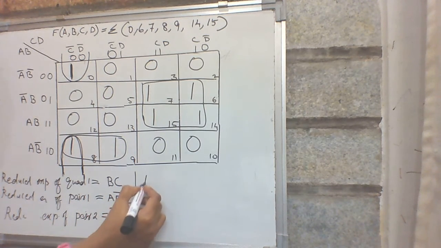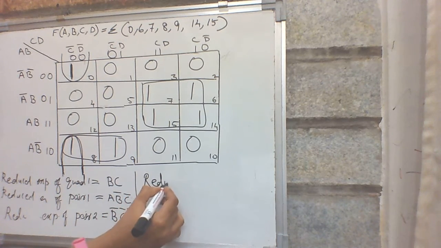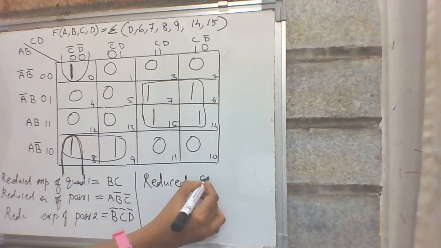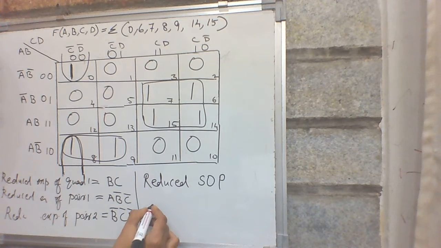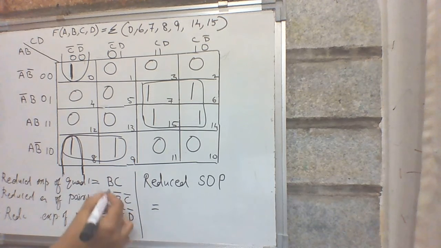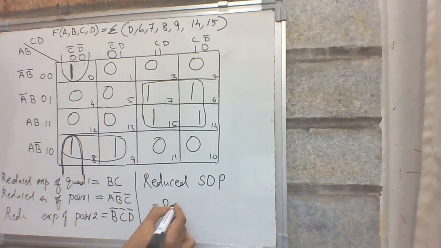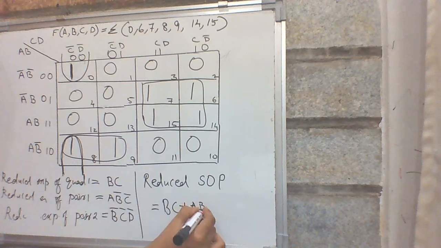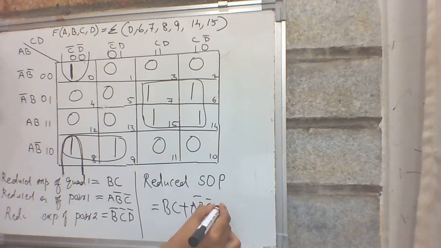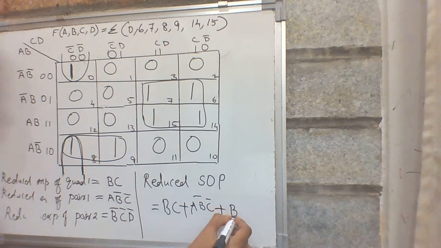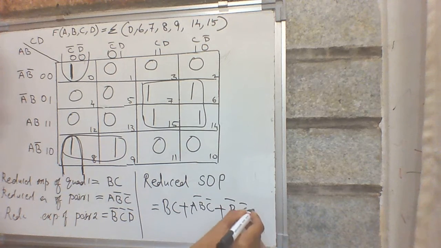And so the reduced SOP is equal to, we need to add all these three. BC plus A B bar C bar plus B bar C bar D bar.